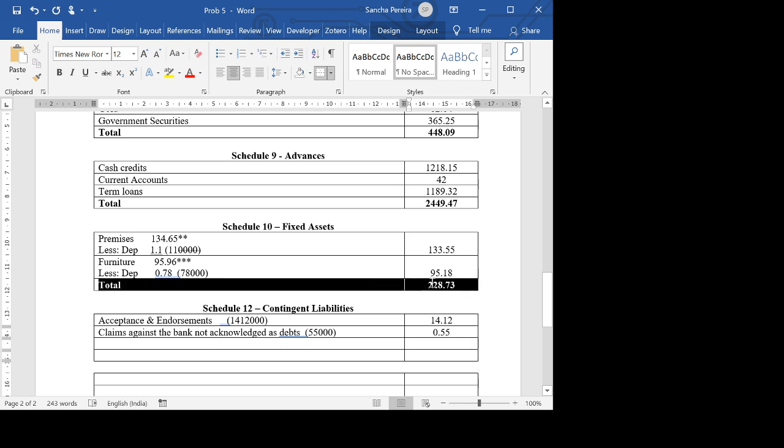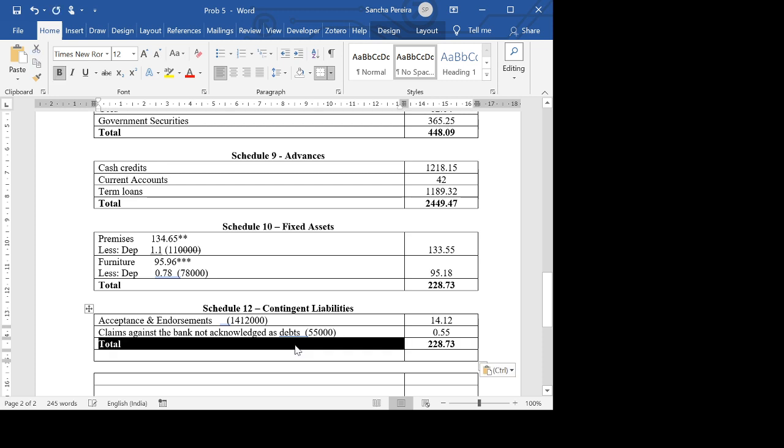Get a total here. So the total of this is 14.67.